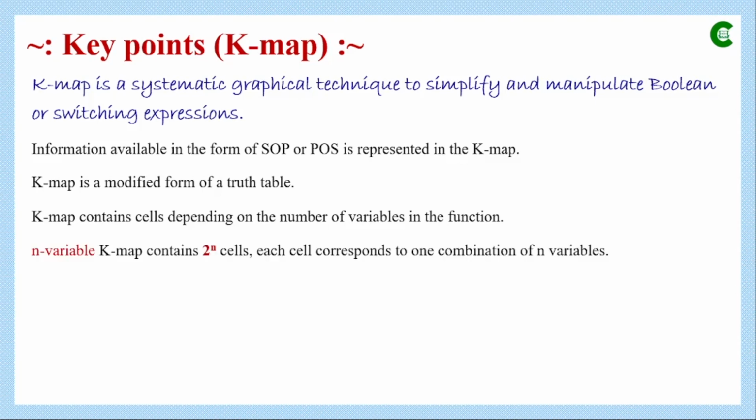So if that function is represented by n number of variables, then in that K-map, we will have 2 to the power n number of cells. That means if the function is represented by 2 variables, then we will have 2 raised to the power 2, that means 4 cells.